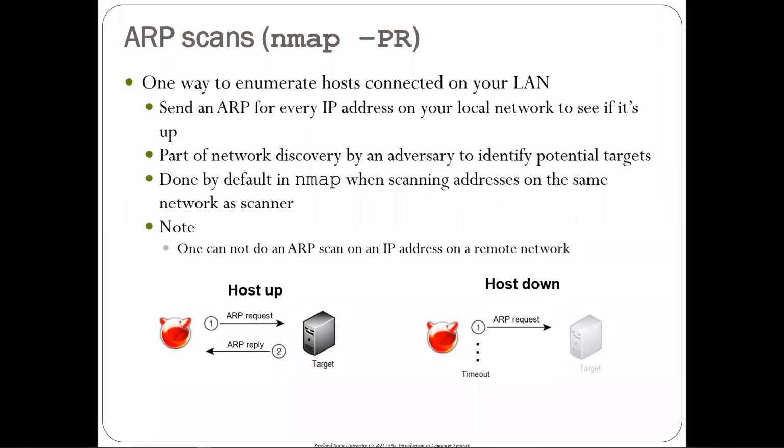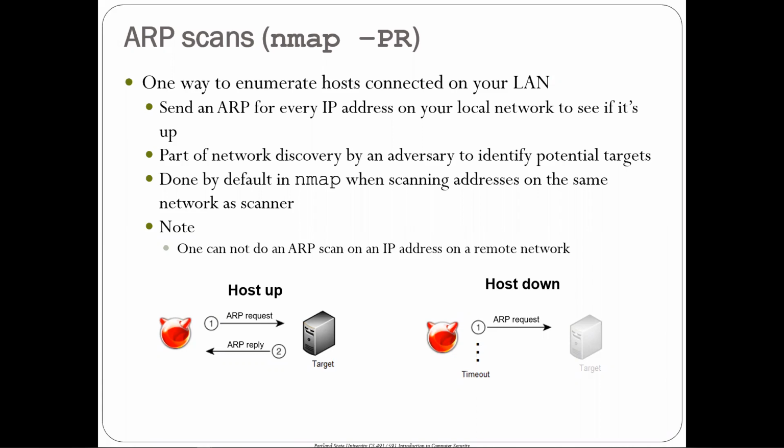An adversary gets onto a machine. One of the things the adversary could do is just an ARP scan and figure out what's also directly connected to me. This is the default setting for Nmap. When you're scanning an address on the same network as the scanner, it will automatically be done. You actually have to explicitly tell Nmap not to do this if you want to be more targeted.